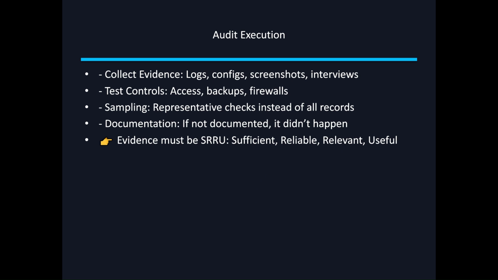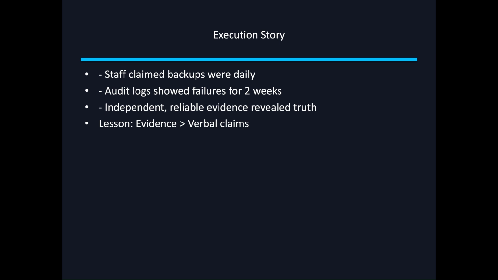Relevant means the evidence should match the objective of the control or the objective of the finding. Then comes useful, which helps in making decisions. So again, one more exam trick for you guys: if two answers mention evidence, pick the one that emphasizes independent and reliable sources.